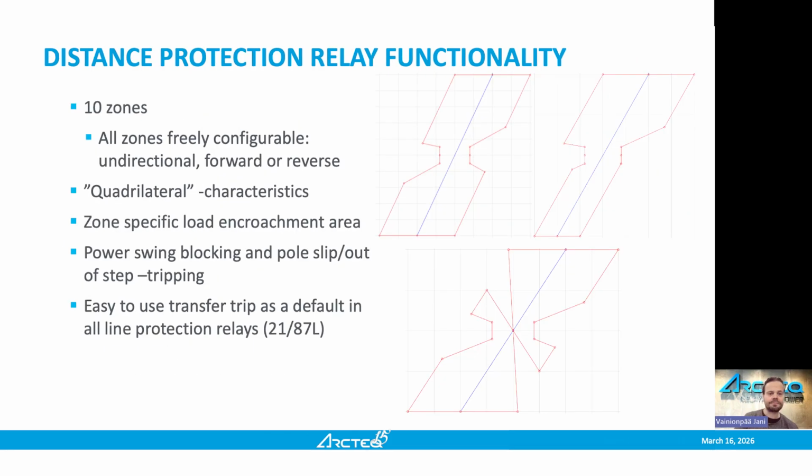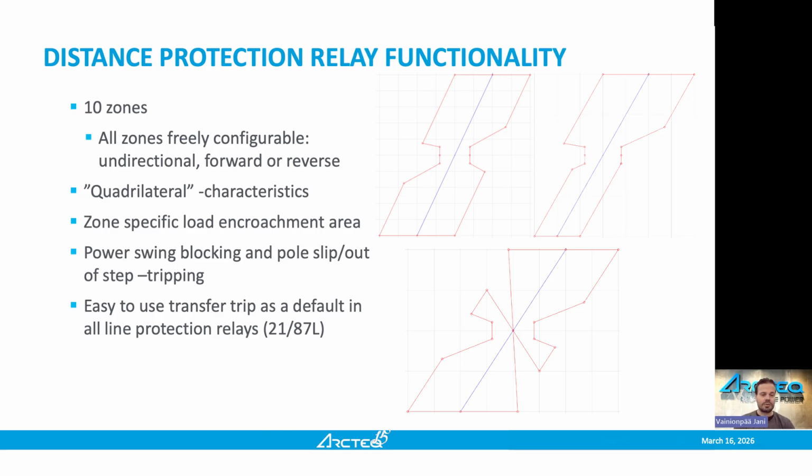About the distance zones themselves, like mentioned on the previous slide, we have 10 zones, and all zones are freely configurable. They can be unidirectional, forward-looking, or reverse-looking characteristics. We don't have the MHO characteristic, but we have the quadrilateral characteristics available.